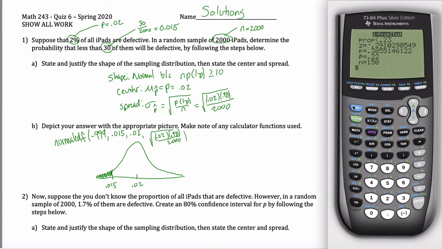Well, we want the normal CDF function that's under the distribution menu, so second then variables. Grab normal CDF. The lower bound is any large negative number will do. The upper bound is 0.015. The center is 0.02. And the spread is this expression, the square root of 0.02 times 0.98 divided by 2,000.